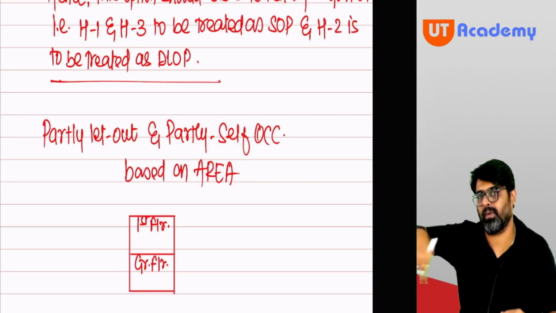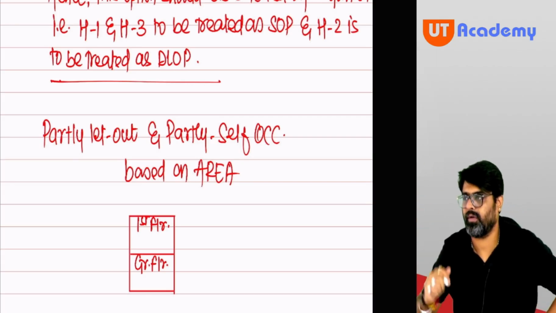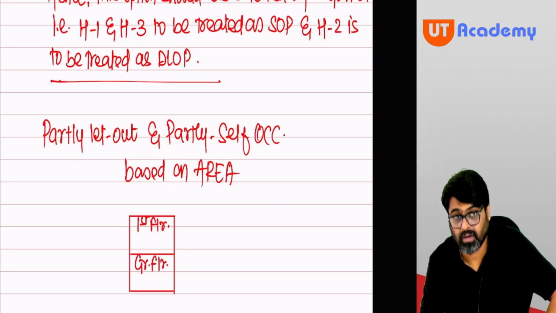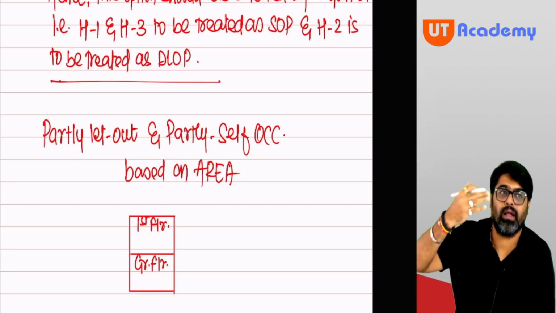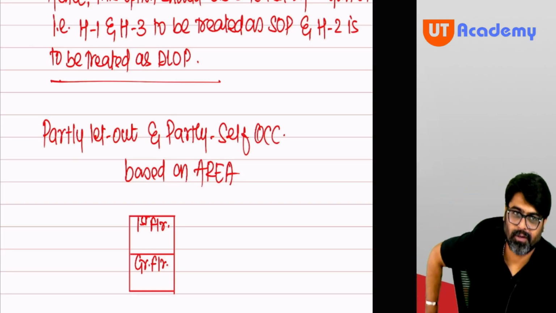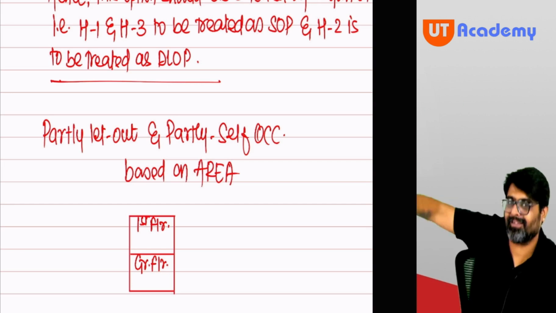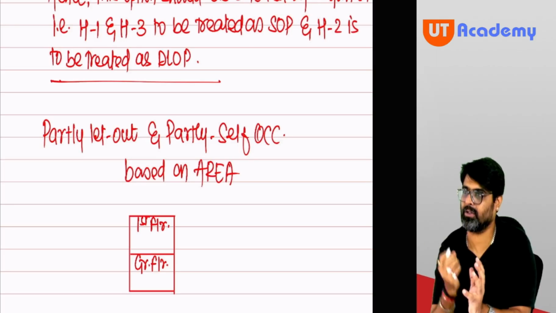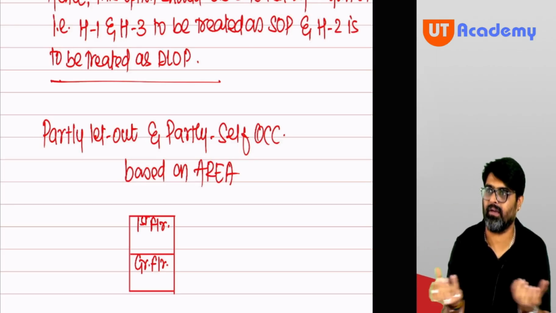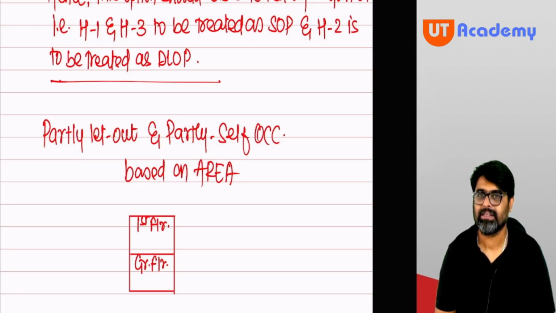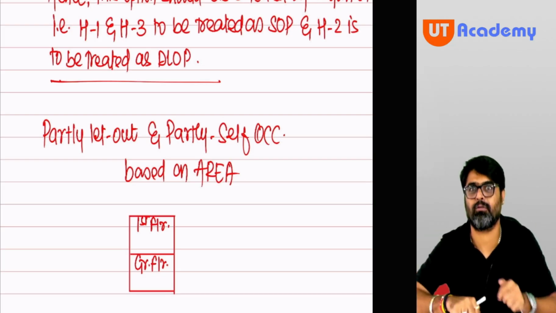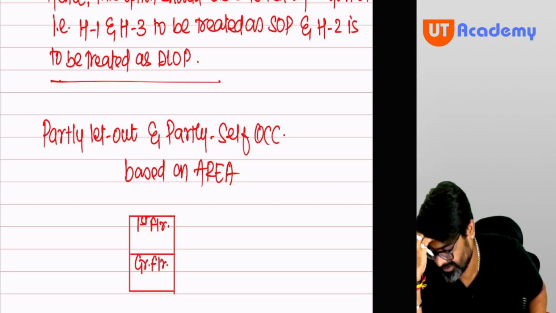Can I say if the property is having an area of 1000 square feet, ground floor will have 500 square feet and the first floor will have 500 square feet.